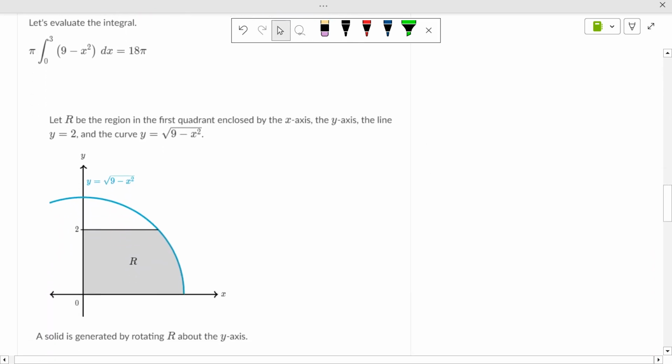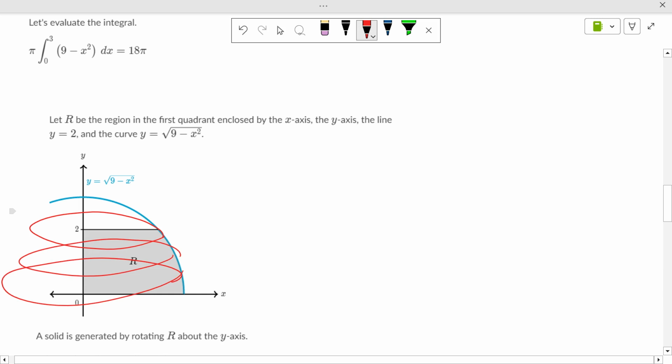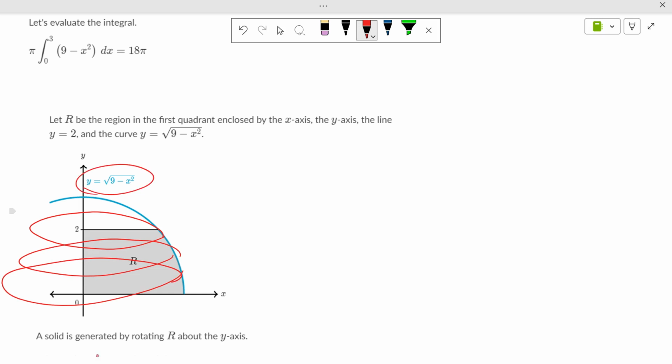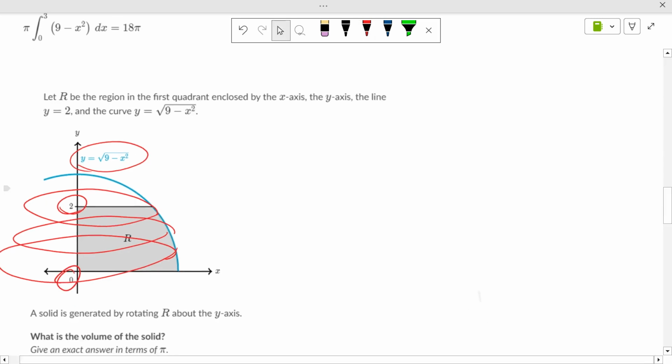Now, if we wrap around the y-axis, we take this function and we have to solve it for x, and we'll go from, in this case, 0 to 2. It's going to be kind of a flat top circular thing.